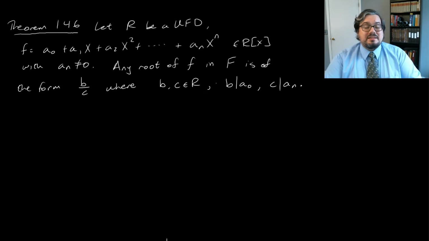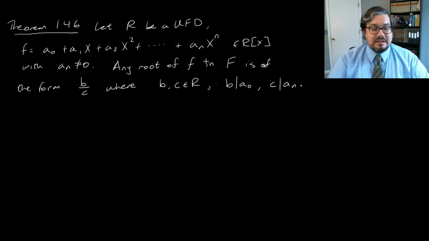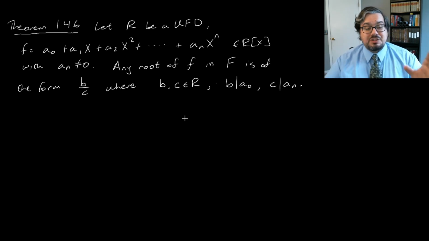Now, the reason why this is helpful for us, the reason why this reduces the number of possible roots of the polynomial f, is because since R is a UFD, up to associates, every element of R has only finitely many distinct factors. So this allows us to reduce the number of elements that we have to check significantly.